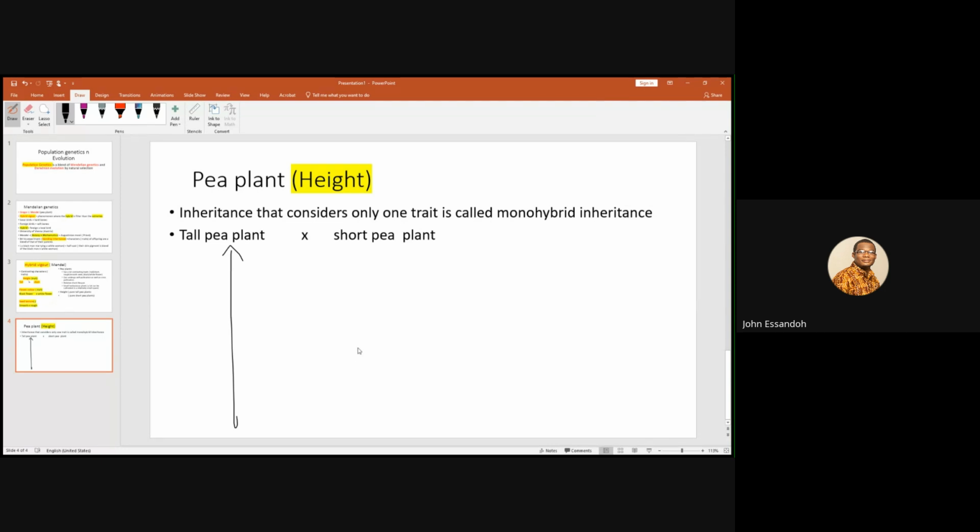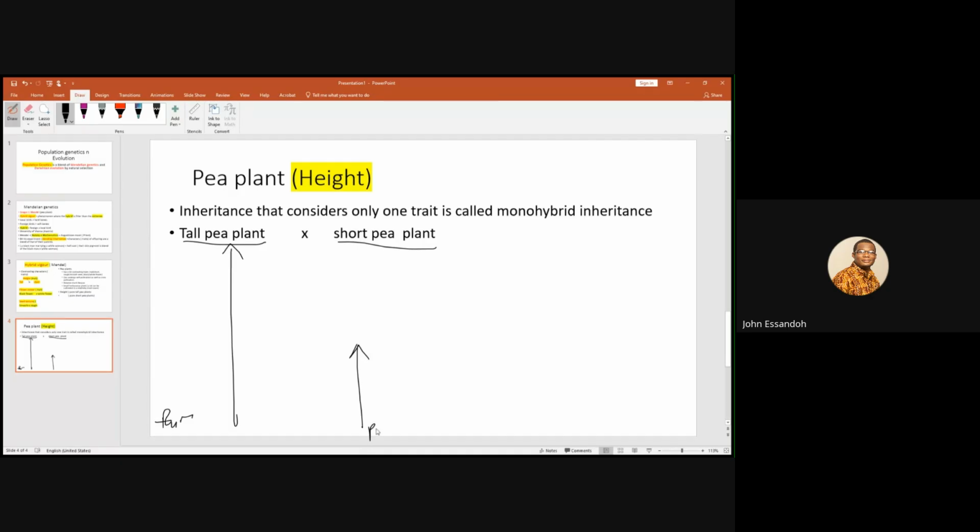And then this is a short pea plant, like that. So this is what Mendel picked. So this is pure tall plant here, pure short plant here.